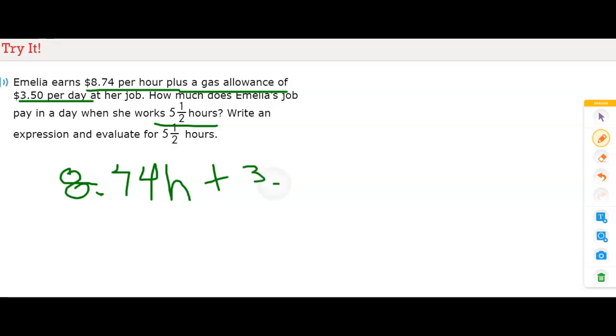So $3.50. And let's do a G to represent how much gas per day.